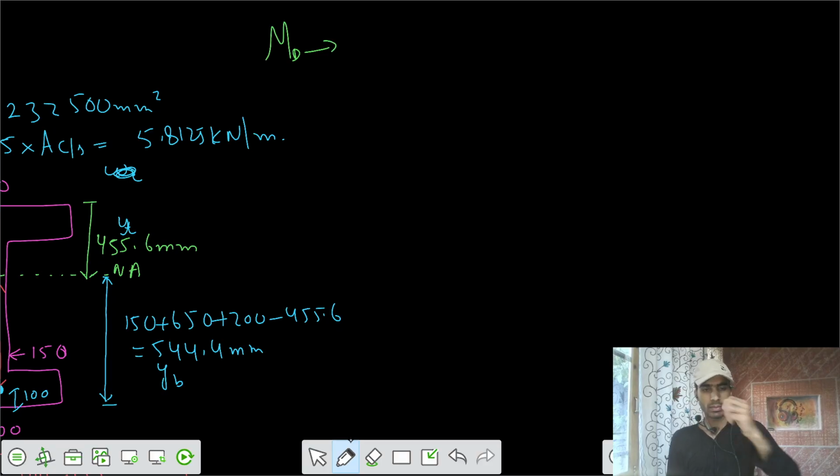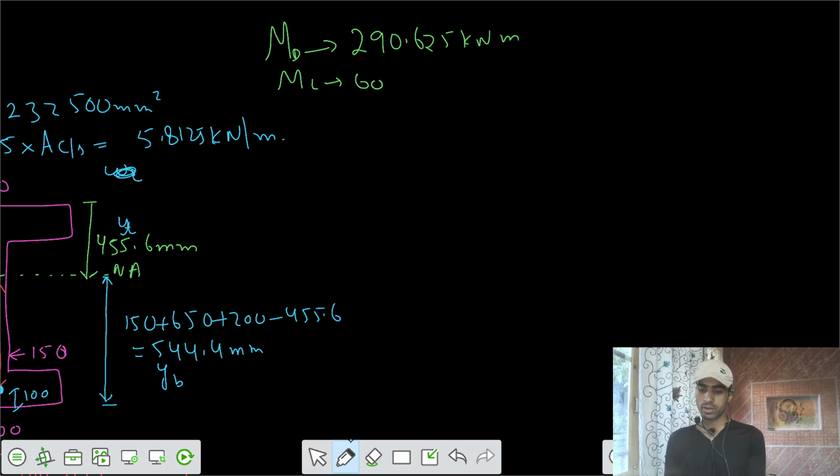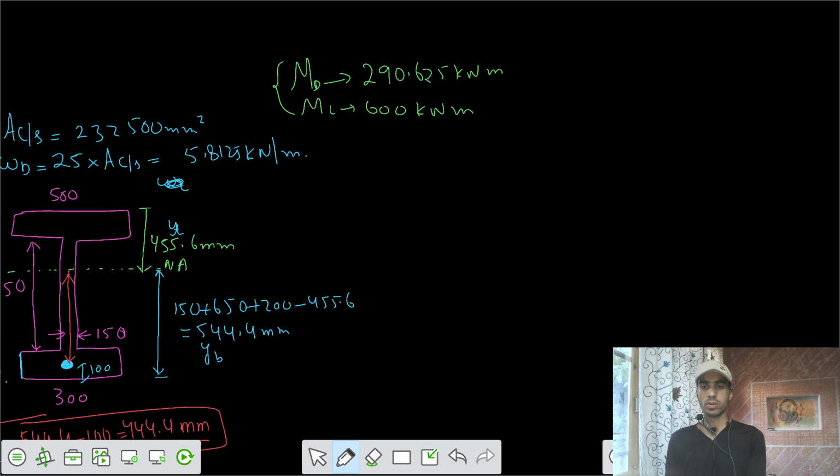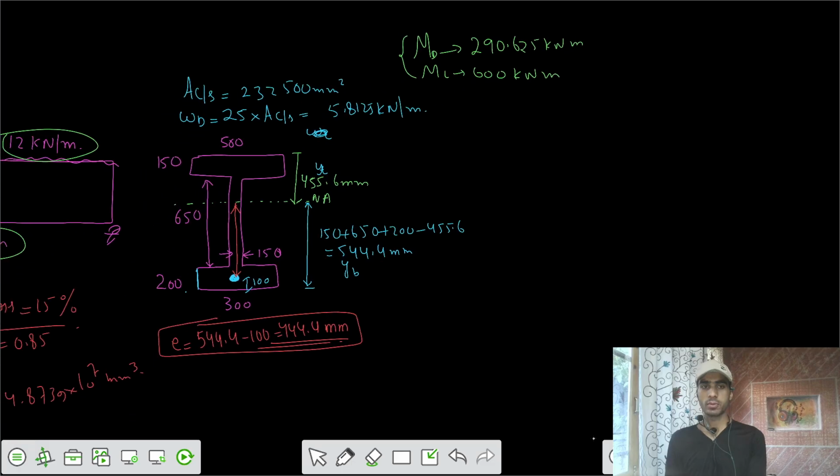Dead load moment is equal to 290.625 kilonewton meter. And the live load moment you can solve, that is also 600 kilonewton meter. So this is the data that is all provided to you.